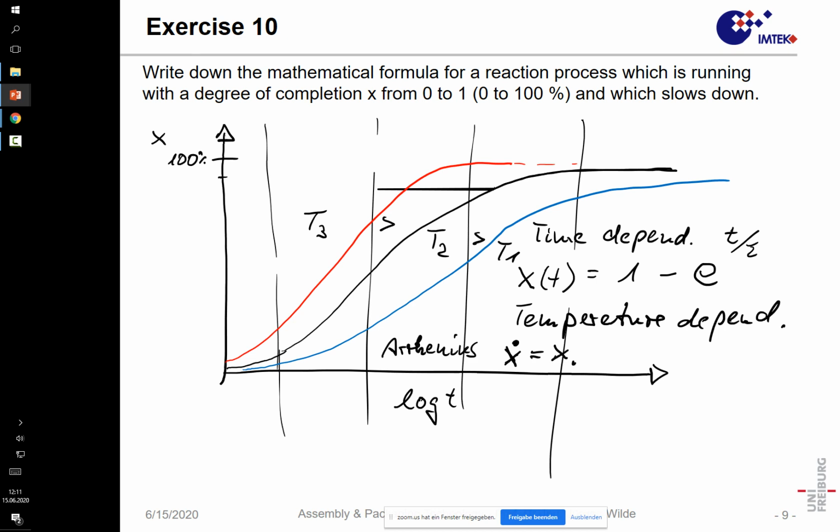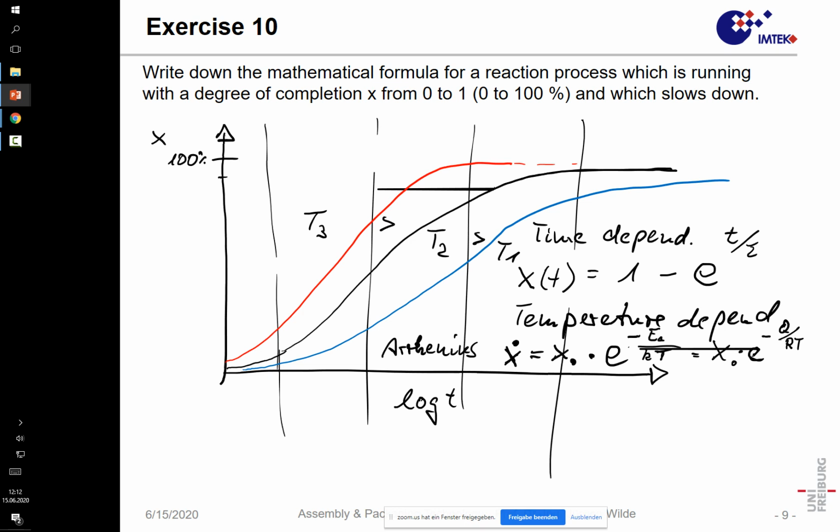And it says it's x0 times e to the power of minus activation energy divided by kT, and how do we measure temperature? We measure it in Kelvin. We can also write x0 times e to the power of minus q divided by RT.